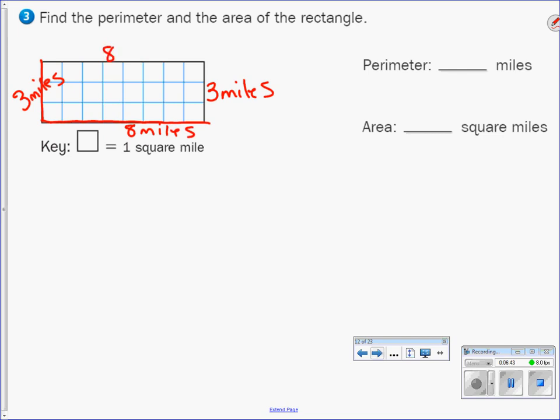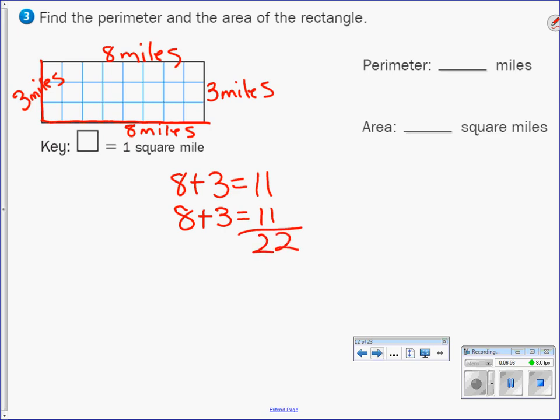And 8 miles up here. So 8 plus 3 equals 11, and 8 plus 3 equals 11, and 11 plus 11 would be my perimeter because it's all around the outside boundary, which would give me 22 miles.